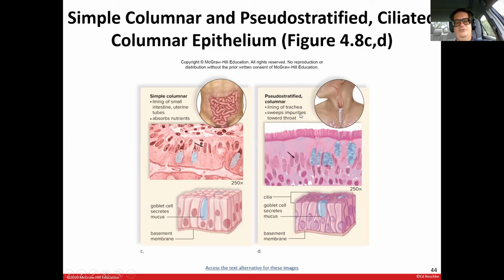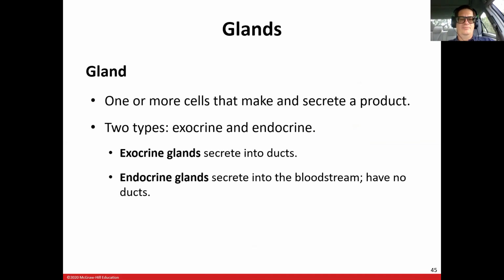I guess I already used that example. Sweeps impurities towards the throat. Sounds so formal, and it doesn't have the sound effects. But it's those cilia that are moving things up the throat, moving the mucus and all of the junk that's stuck in that mucus up where you can swallow it down and destroy it.